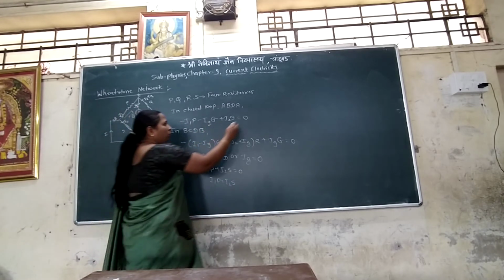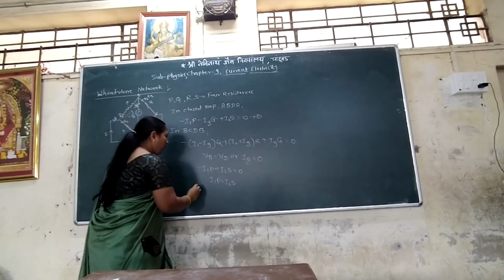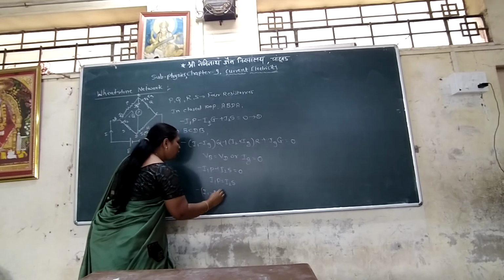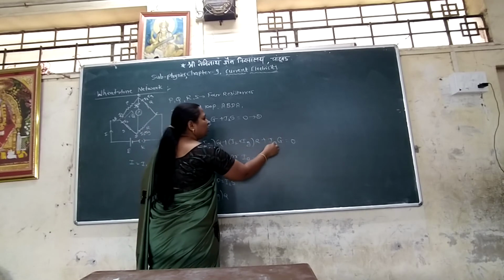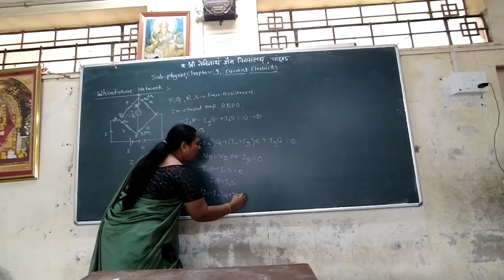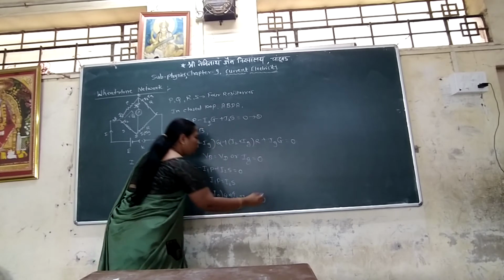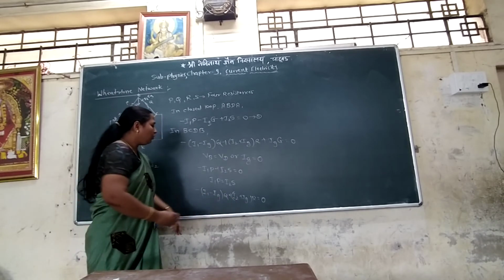From the first equation, and from the second equation, minus I1 minus IG into Q plus I2 plus IG into R is equal to 0. Where IG is 0, those terms vanish.